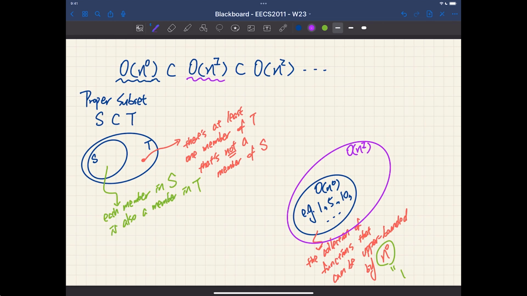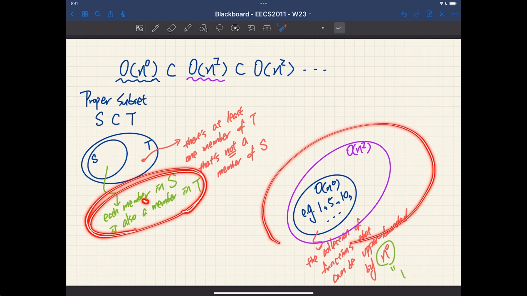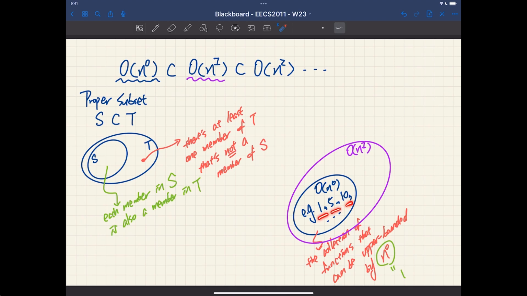Let's apply fact number 1 over here. We're saying that if these functions can be upper bounded by n to the power of 0, they can also be upper bounded by n to the power of 1. Agree? Let's put it down.